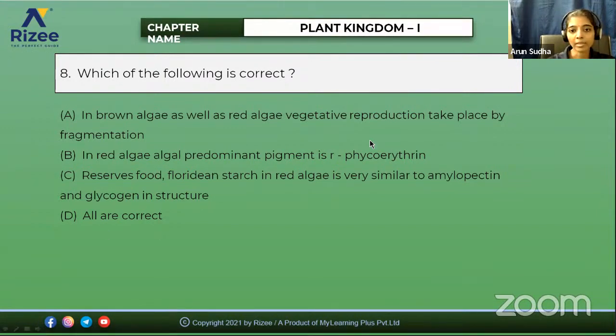Yeah, D, all are correct options. Vegetative reproduction occurs only by fragmentation; in red algae the predominant pigment is R-phycoerythrin; and the reserve food is floridean starch, similar to amylopectin and glycogen, which are also storage forms. So all are correct.